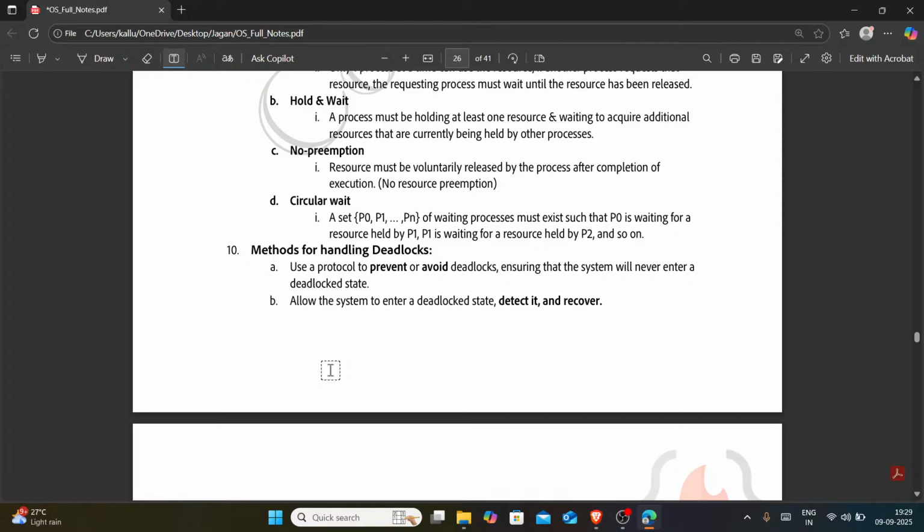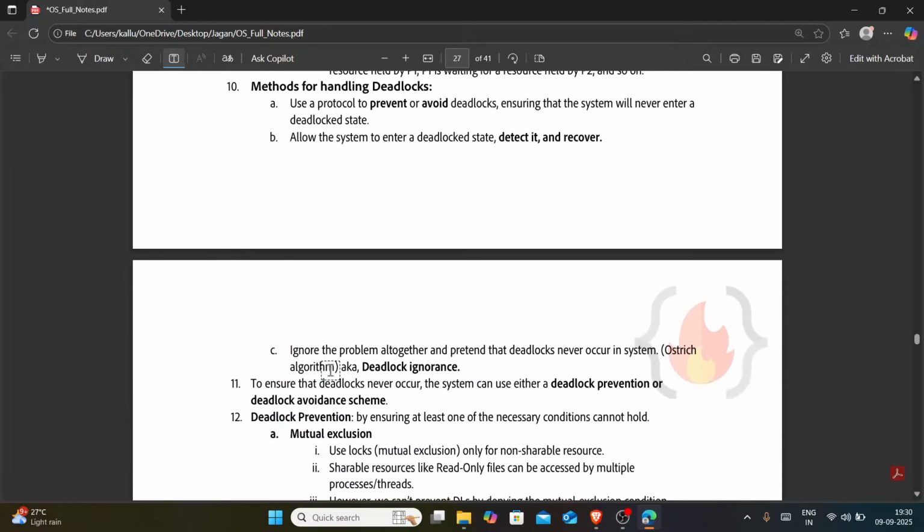Or allow the system to enter a deadlock state, detect it, and recover from it. There are three ways of handling deadlocks. The third is to ignore the problem altogether and pretend that deadlock never occurs in the system.